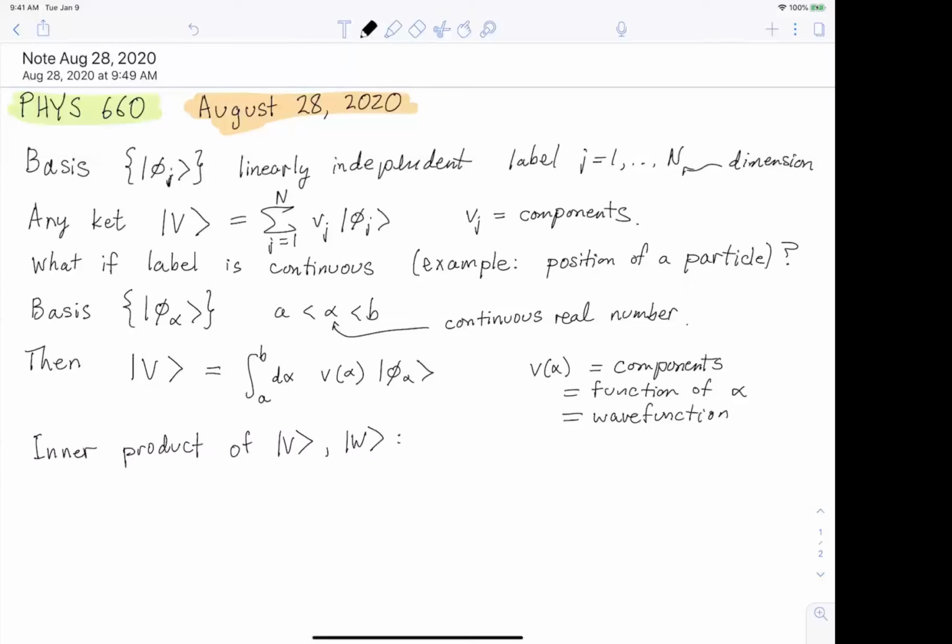And then that's a complex number in general. Could be real. But it obeys the following rules.